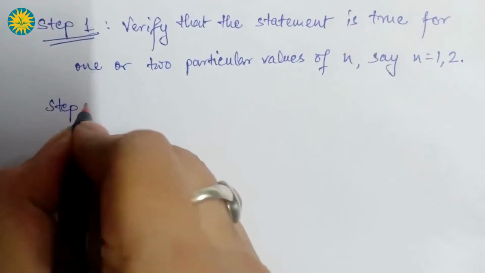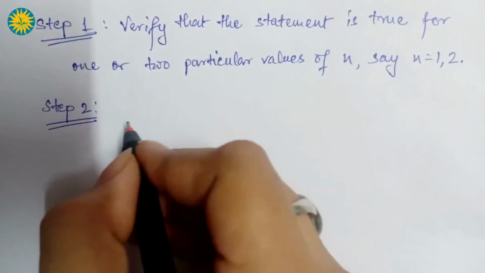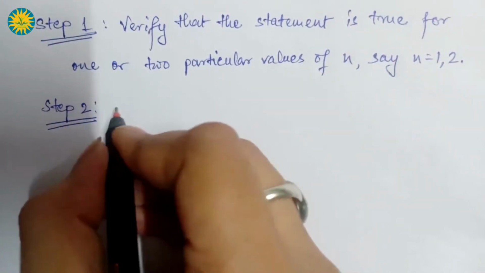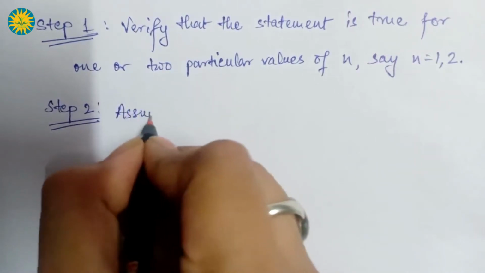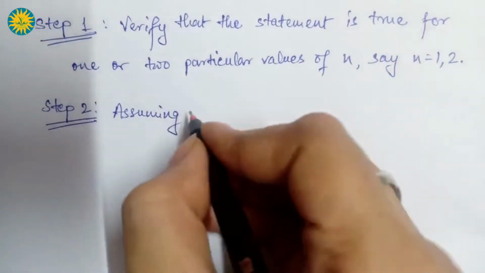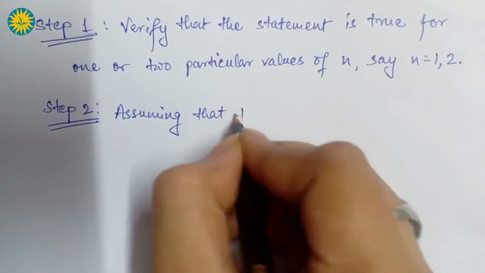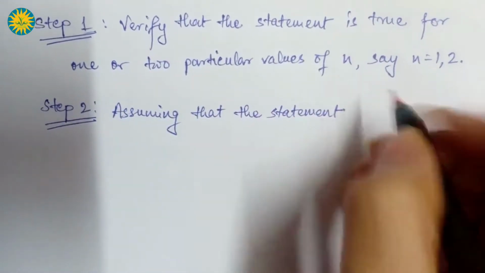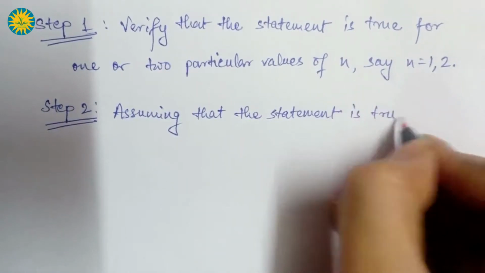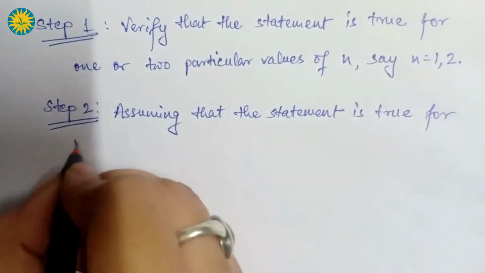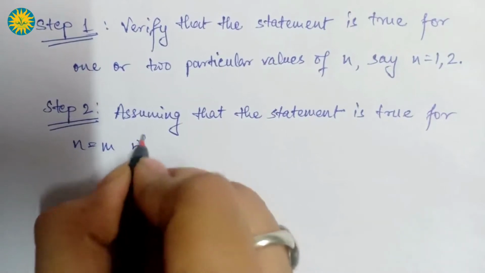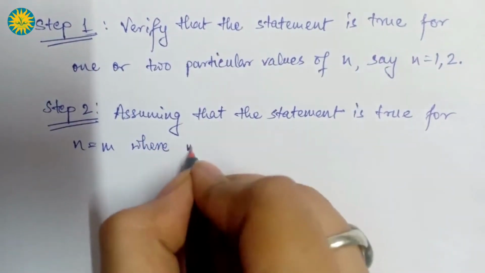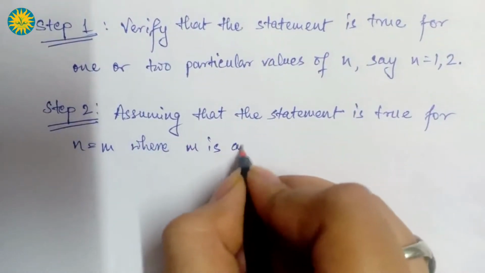Now let's see what the second step is. For the second one, we assume that the statement is true for n equals to m, where m is any positive integer.